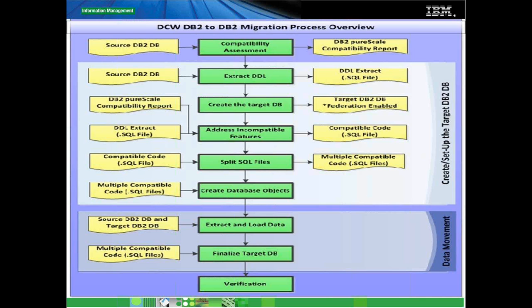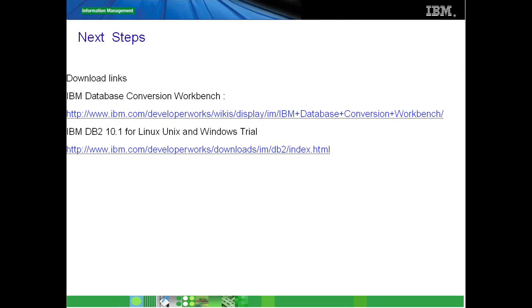So it's going to generate a compatibility report. You will take a look at the report, and if you see that compatibility is still okay with you, then you go ahead with the actual exercise. So DB2 migration is something you would want to try as well if it's a matter of moving from standalone to DB2 pureScale.